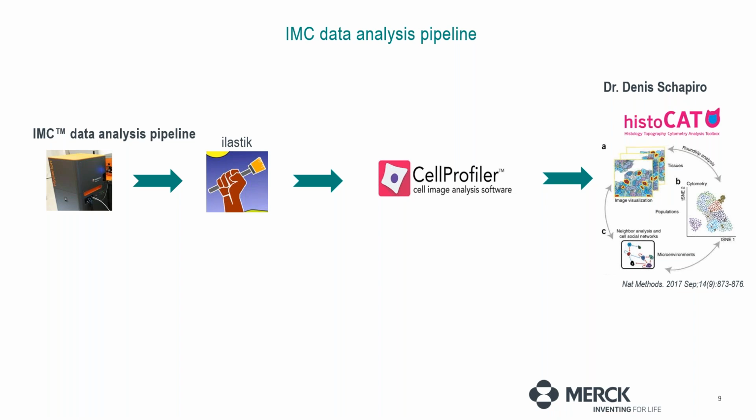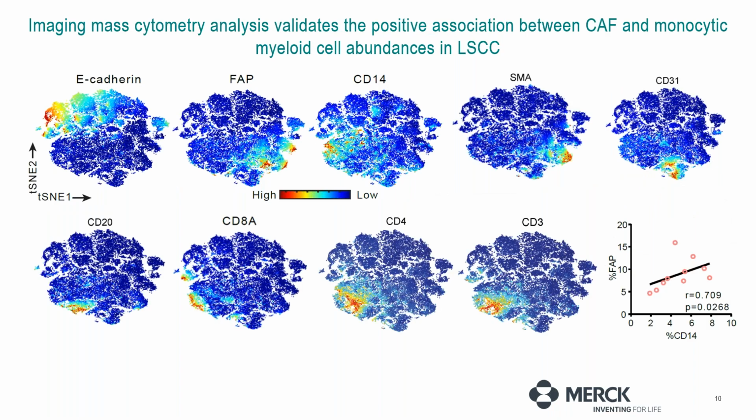Basically, we're able to extract protein expression at a single cell level and import the information onto HistoCat to visualize and quantify marker-specific cell types, as well as determine cell-cell interaction. So here are example two-dimensional tSNE plots from 10 patients.